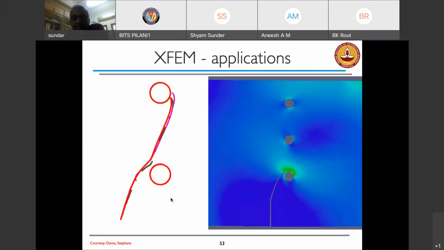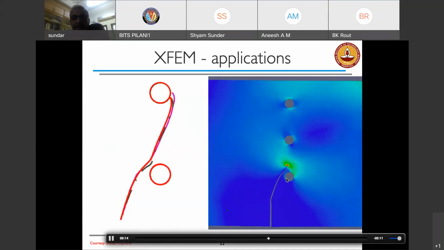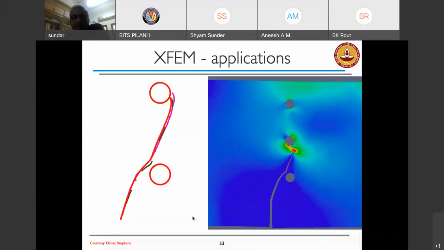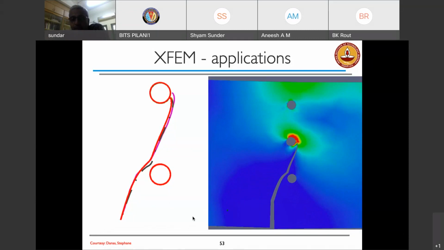So this is one of the cases where it misses the first hole and goes into the second hole. And all these are done without updating the mesh. We are only updating the region where the enrichment has to be done.